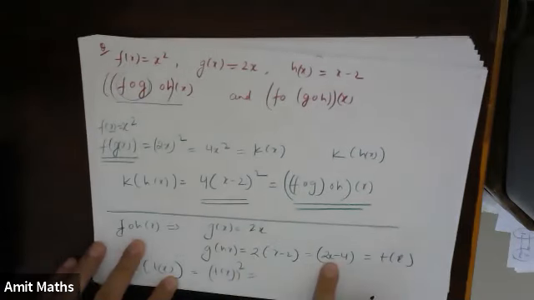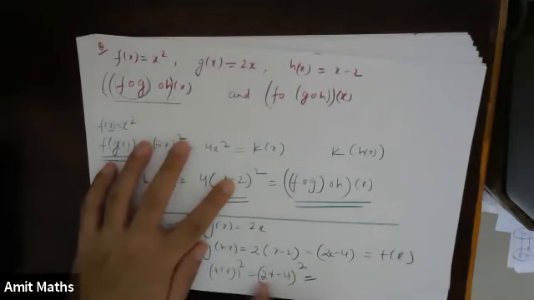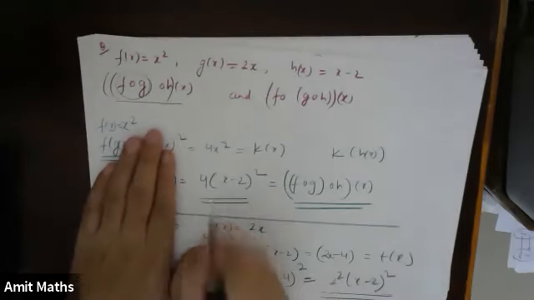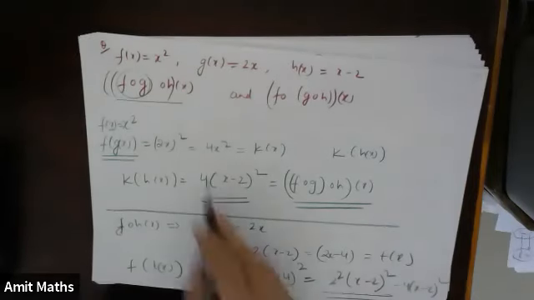And what is t of x? 2x minus 4. So that means 2x minus 4 whole square. If I take 2 common, this will become 2 square into x minus 2 whole square. Are these two the same? This is nothing but 4 into x minus 2 whole square. Are these two the same? Yes.